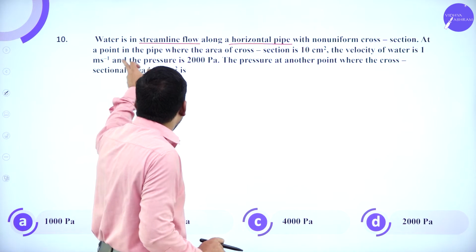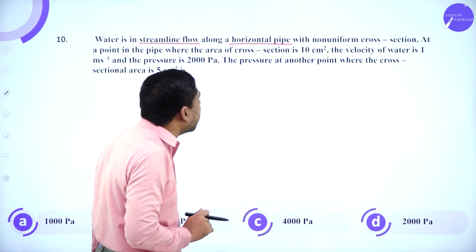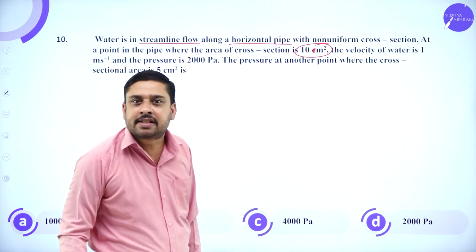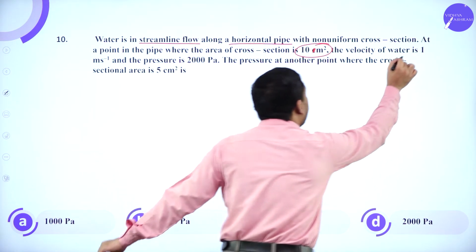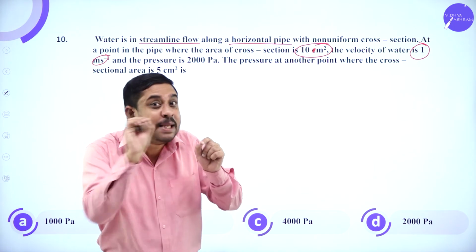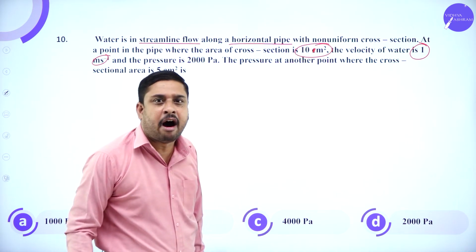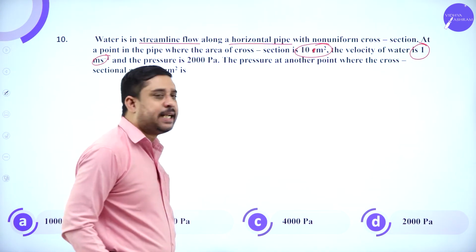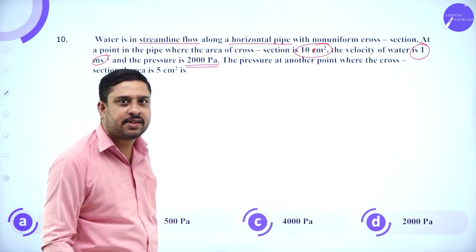At a point in the pipe where the area of cross-section is 10 meters square, the velocity of water is 1 meter per second and pressure is 2000 pascals.